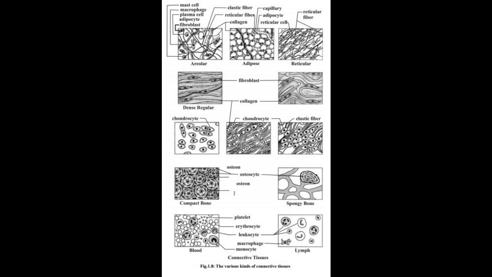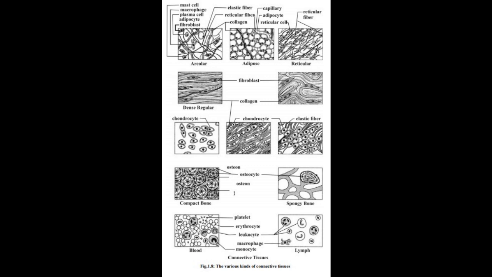2. Dense connective tissue. Dense connective tissue is also called dense fibrous tissue. It has collagen fibers as its main matrix element. Dense connective tissue contains relatively few cells with much greater numbers of collagen fibers.